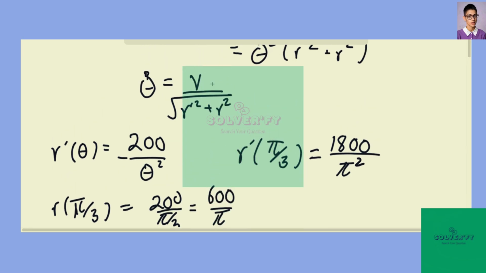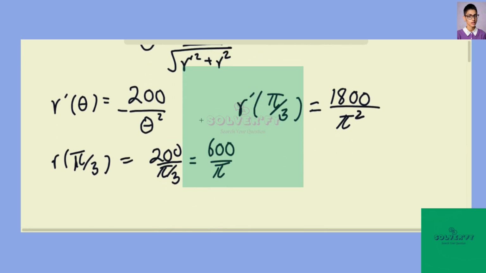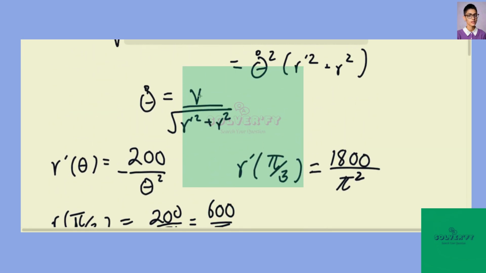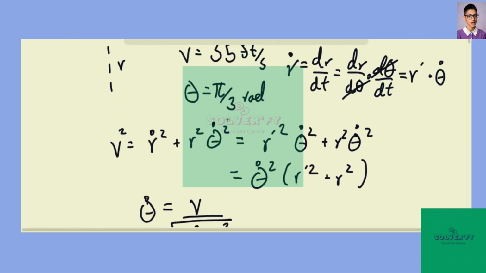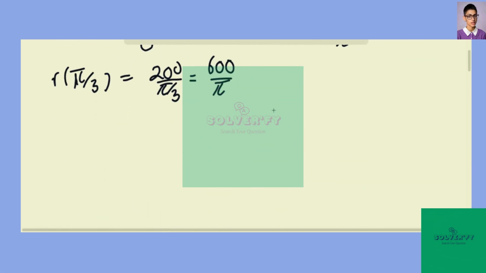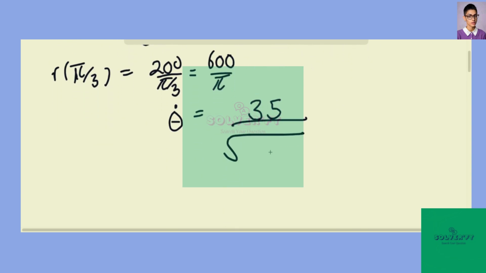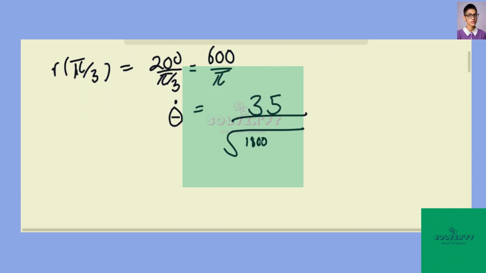So we can go ahead and plug in v also, which is 35 feet per second. So that's going to be theta dot is 35 over square root of 1800 over pi squared plus 600 over pi squared.